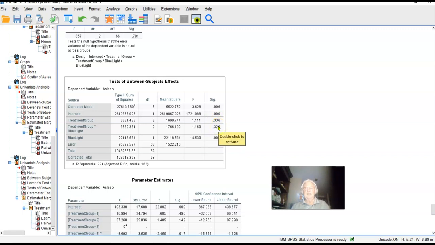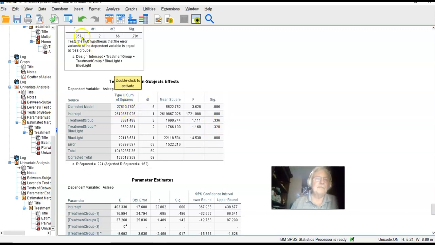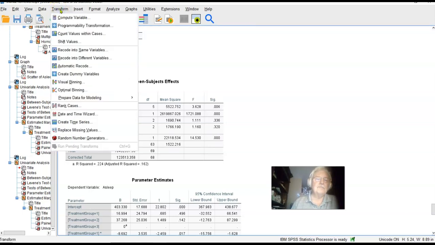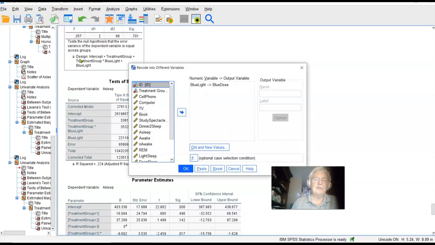But this is just for an example, so let's assume this is significant, that they weren't parallel. What would we do in that case? We would come up to transform, and one of the things we could do is recode into a different variable, and we can make blue light the blue dose.